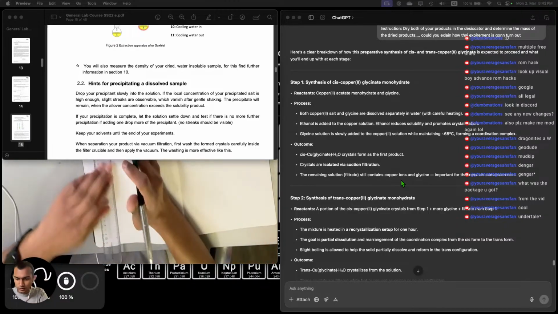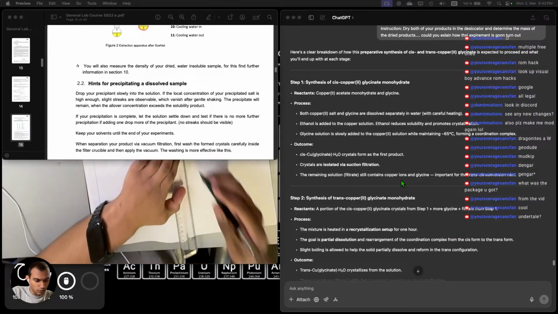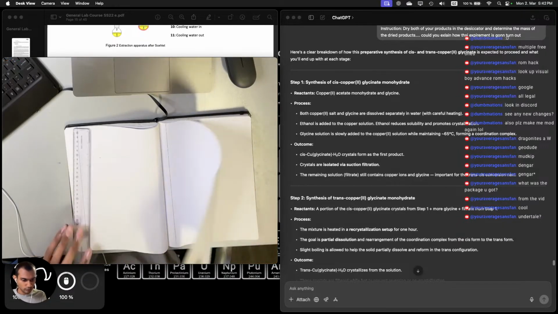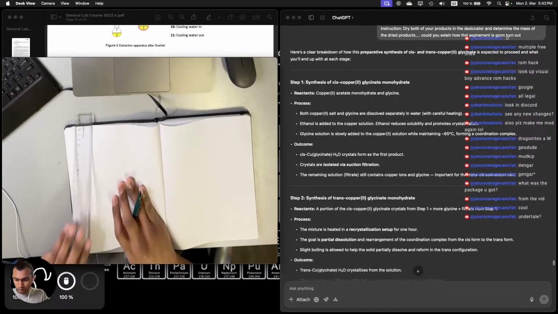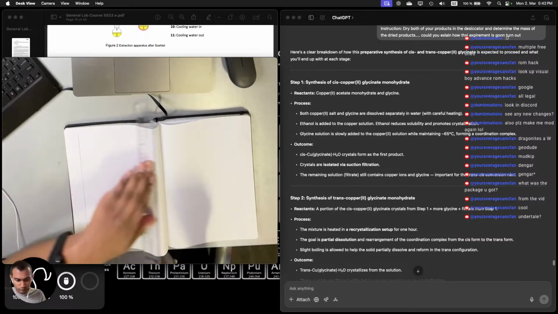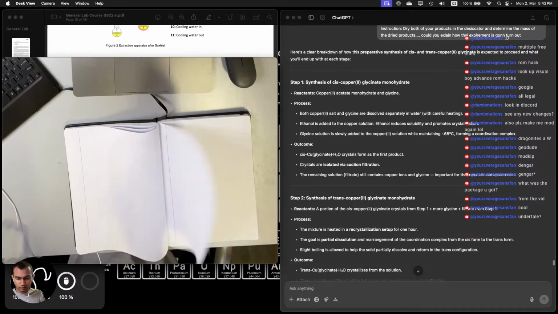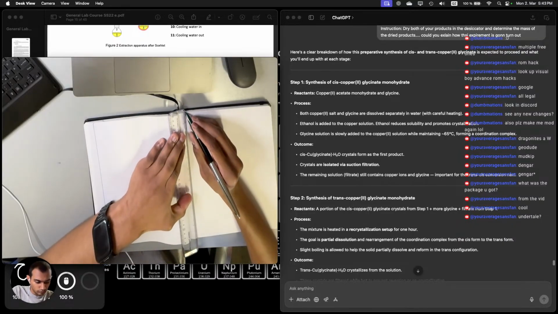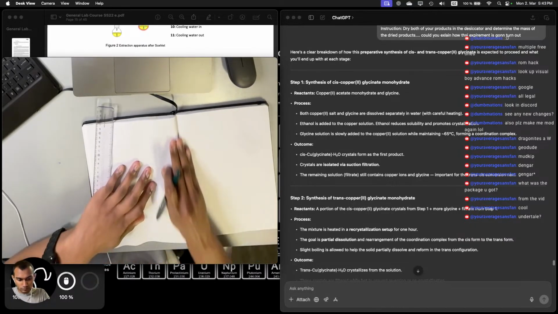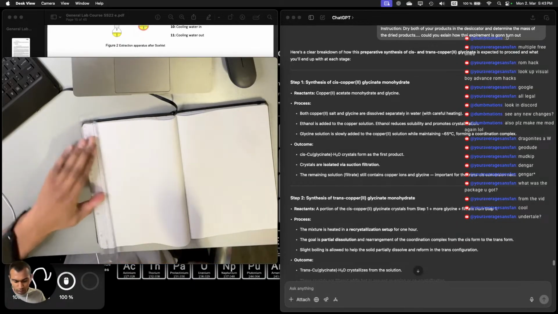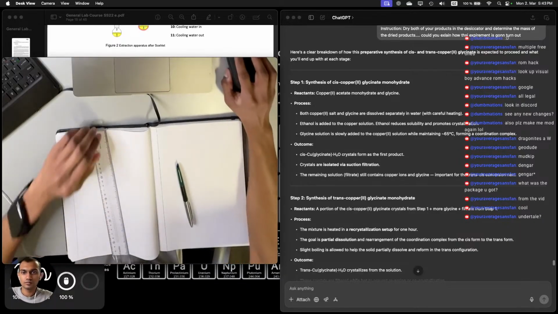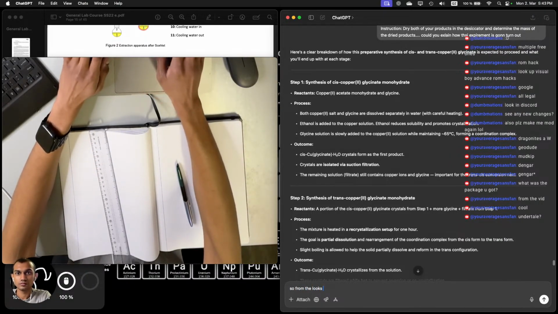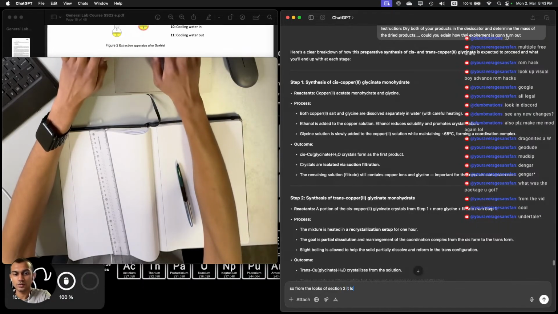Interesting. I'm seeing some folds. Looks pretty easy.